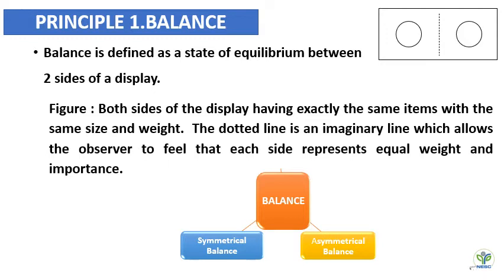So, balance in design is the distribution of the elements of the design. Balance is a visual interpretation of gravity in the design. Large, dense elements appear to be heavier, while smaller elements appear to be lighter.